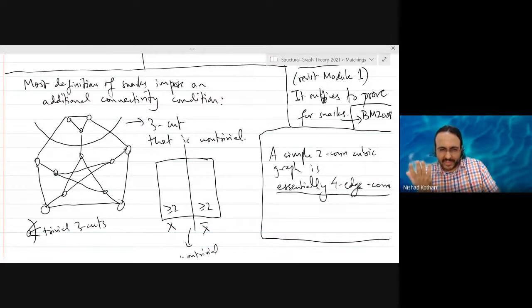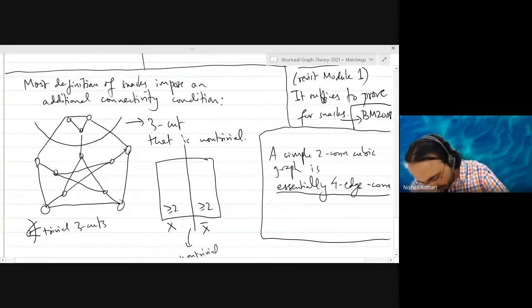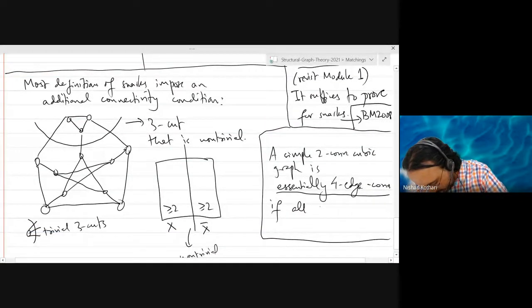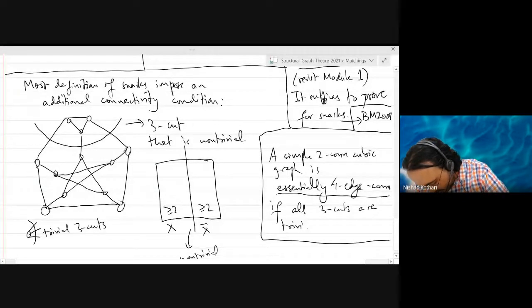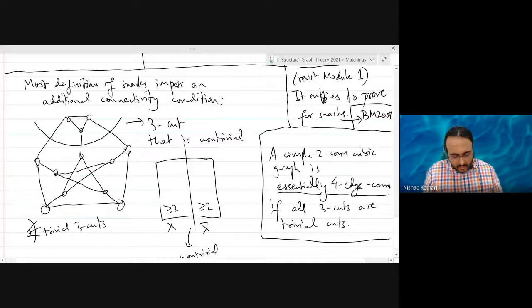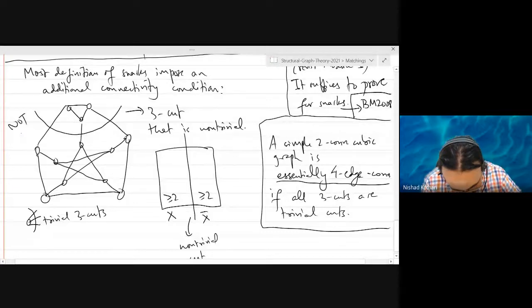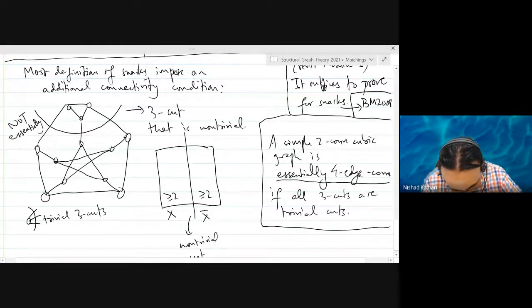But what you can say is that maybe all the three cuts have to be trivial. In that case, we'll say that the graph is essentially four edge connected if all three cuts are trivial cuts. Okay? So this graph is not essentially four edge connected, because you have a non-trivial three cut.